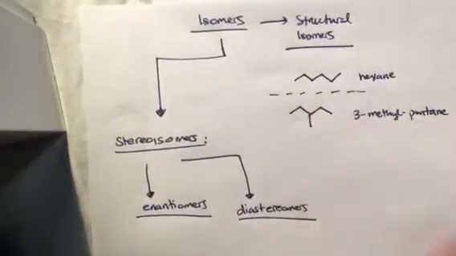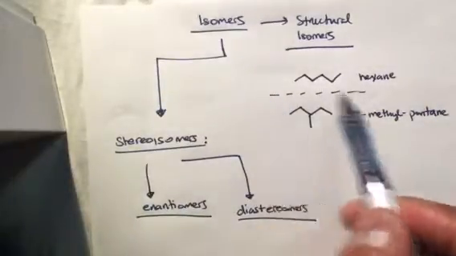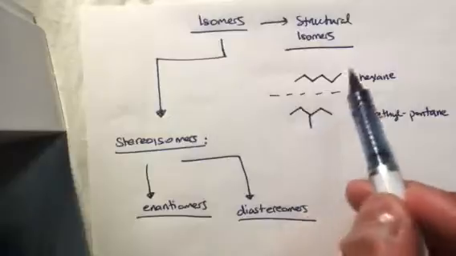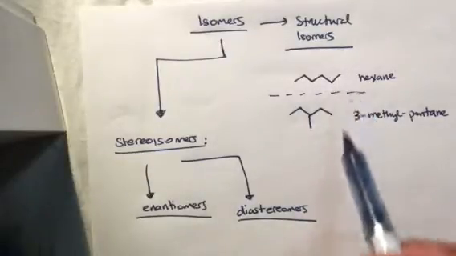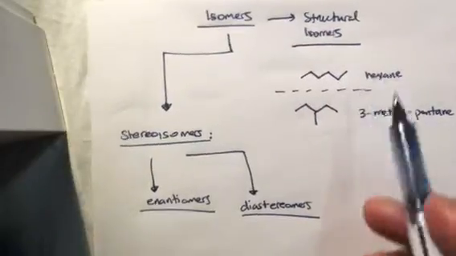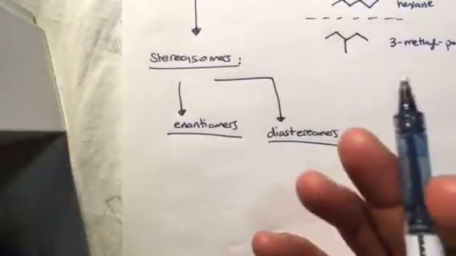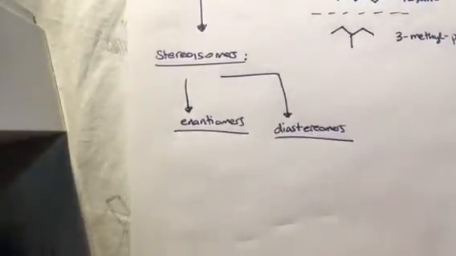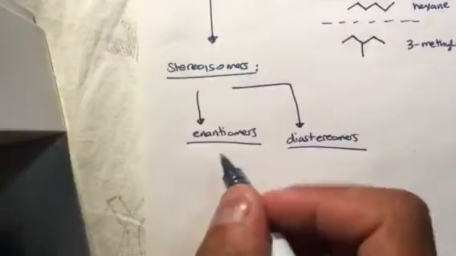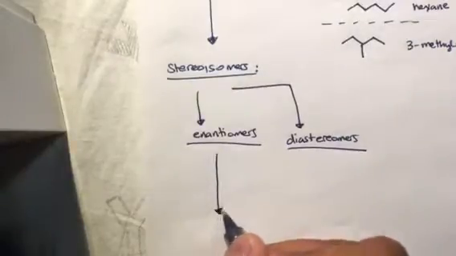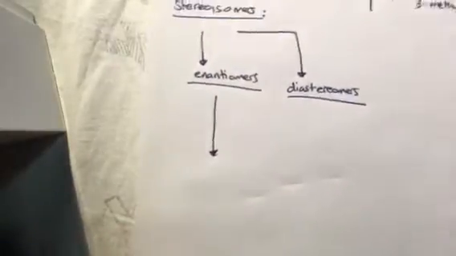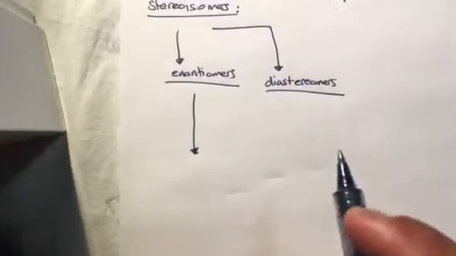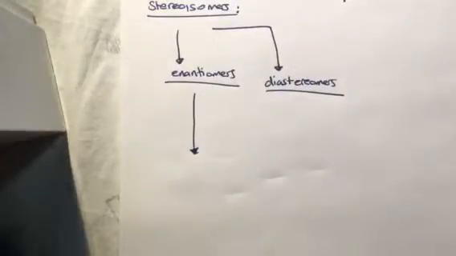If you draw a mirror right here, this is not the same exact reflection. With stereoisomers, there is a reflection in one way or the other. So let's just look at enantiomers right now, okay? Enantiomers are mirror images.